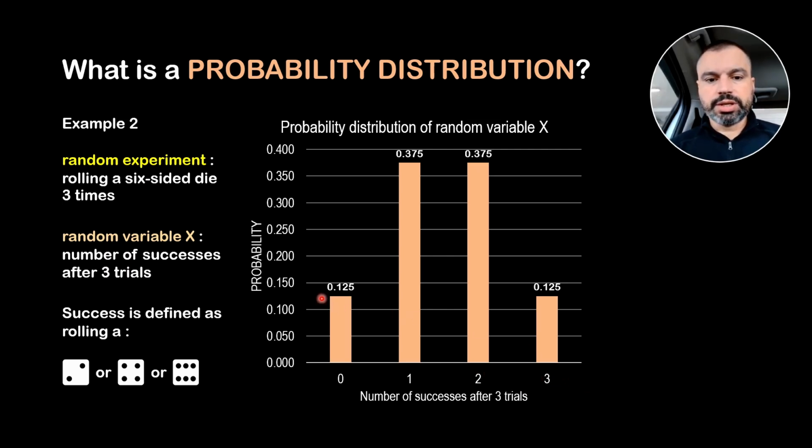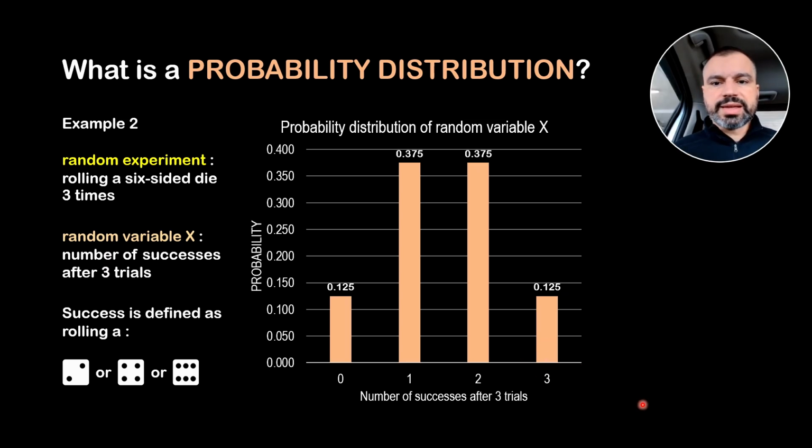And these are the probabilities associated with each possible value of x. So the probability of having 0 successes after 3 trials is 12.5%. The probability of having 1 success is 37.5%. Same for 2 successes, and there's a 12.5% probability of having 3 successes after these 3 trials.